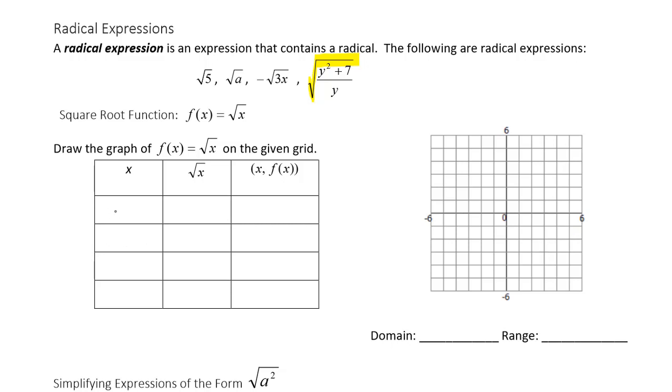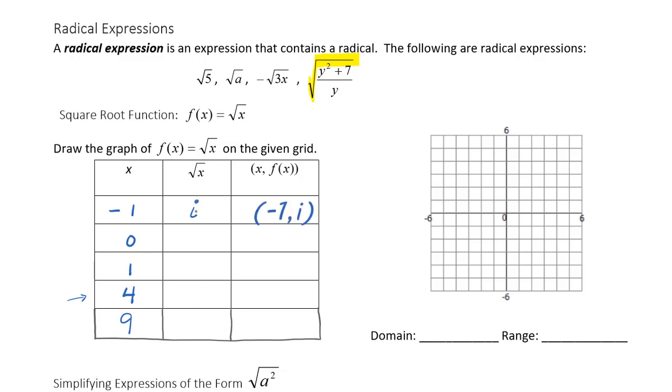Let's provide some values: -1, 0, 1, and 4. I also threw in this -1 here just for demonstration purposes, and I'm also going to draw one more table here, again for demonstration purposes. Let's also put a 9 in here.